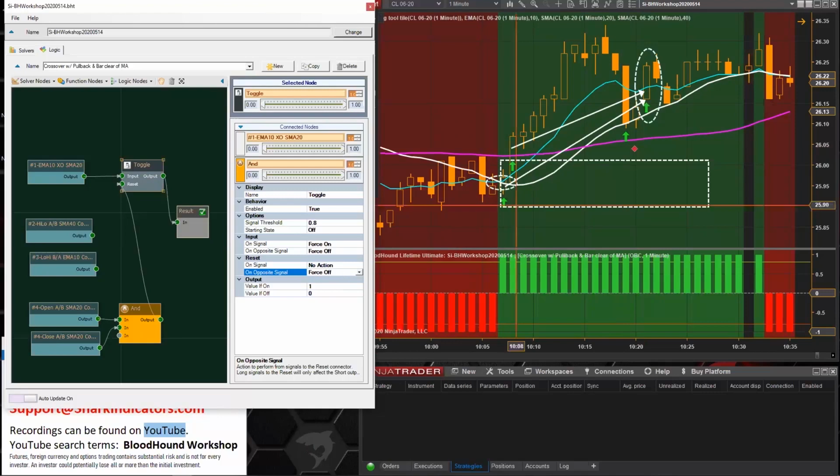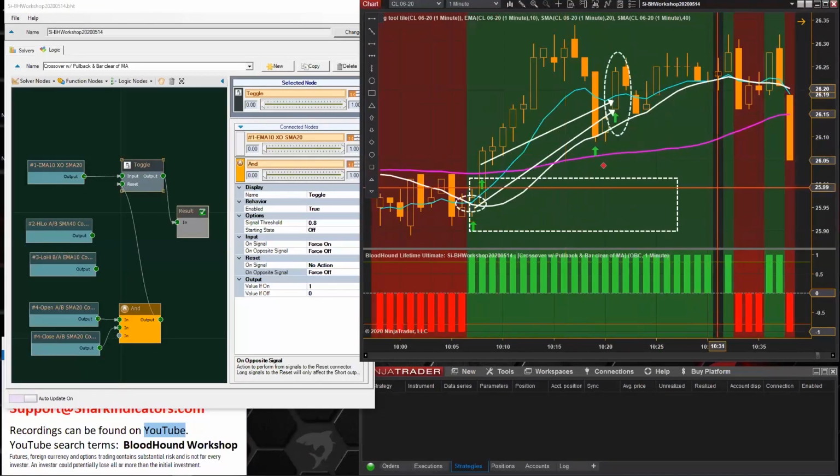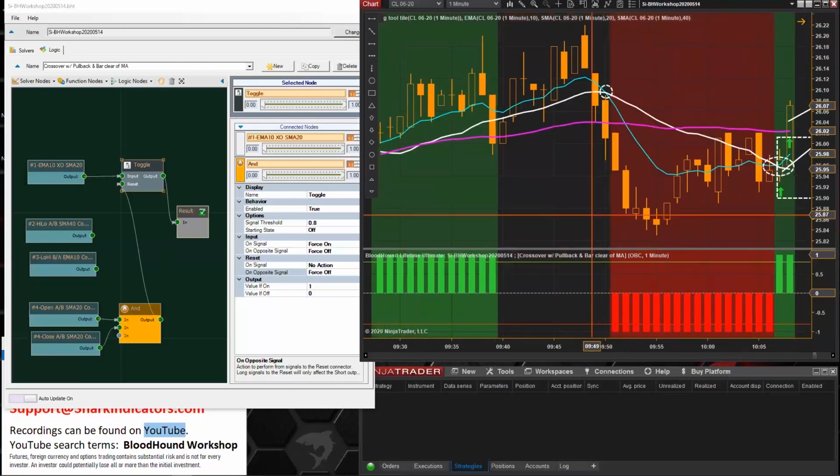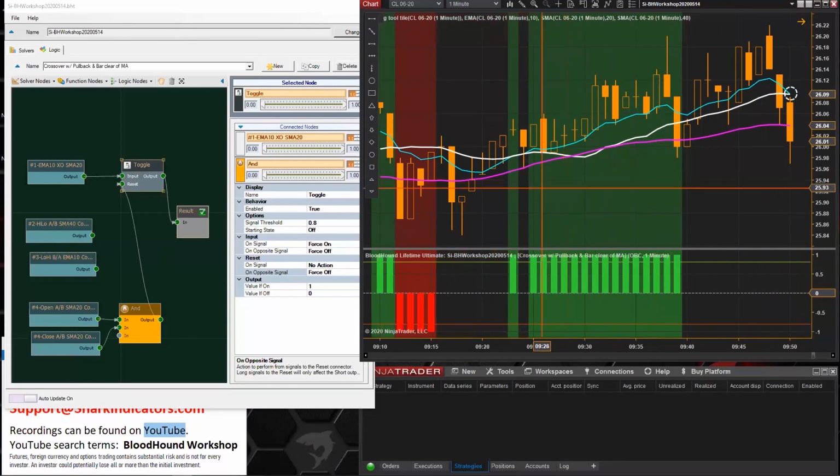Let's see. I wonder if that does happen. Look right here. No, that doesn't happen there. Hold on, I'm looking at something else. Yeah, here we go. Perfect. So here's a good example of a long setup getting disqualified.